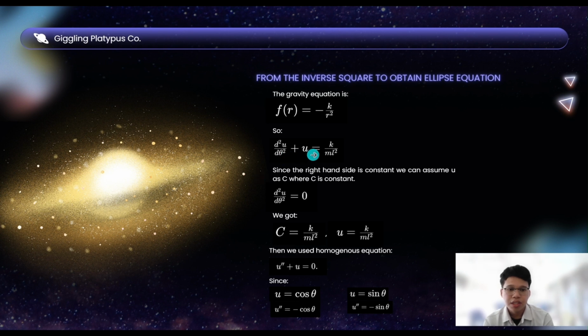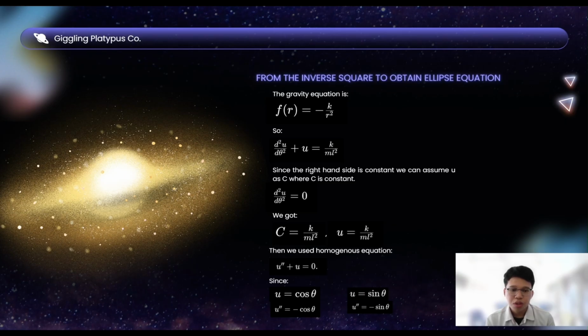Since the right hand side is constant, we can call it C, where C is a constant. Since it is constant, when we differentiate it, we will get 0, as given. So we get C equal to k over m L squared, or u equal to k over m L squared.